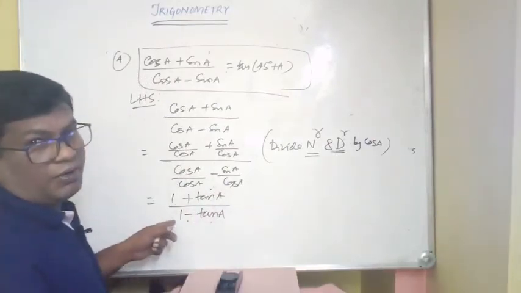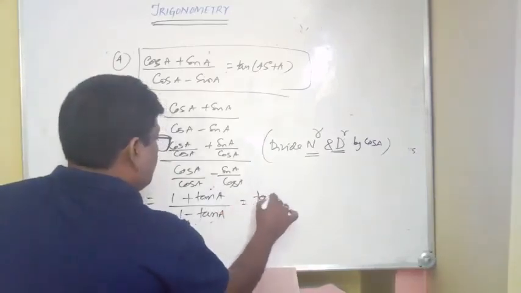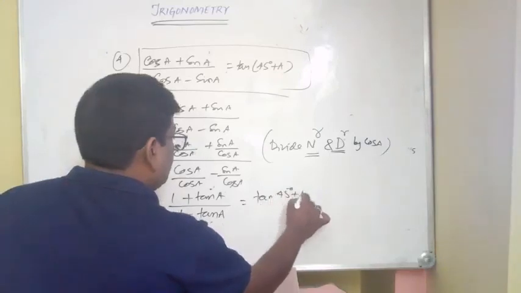Which formula? This is tan(45 degree plus A).